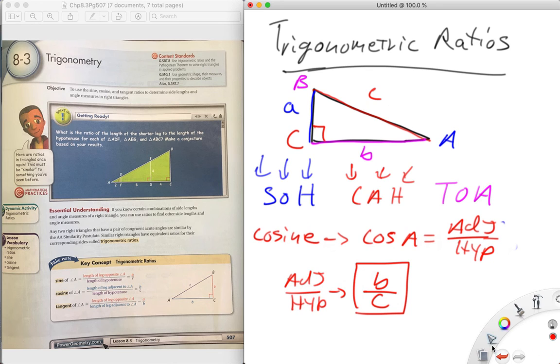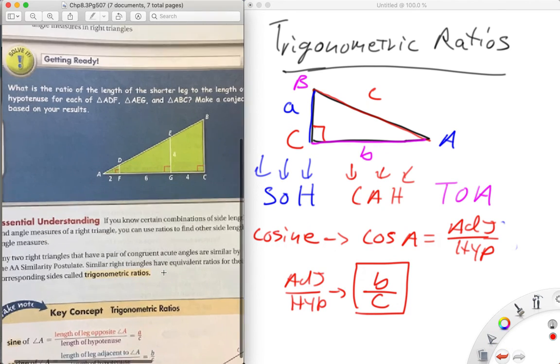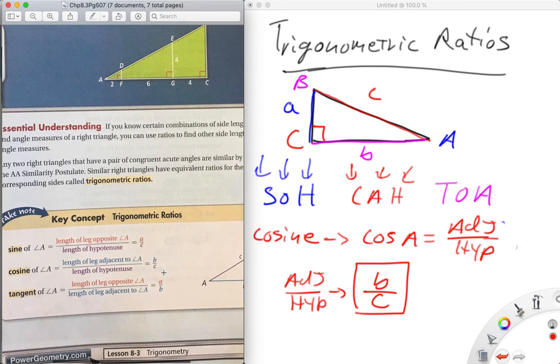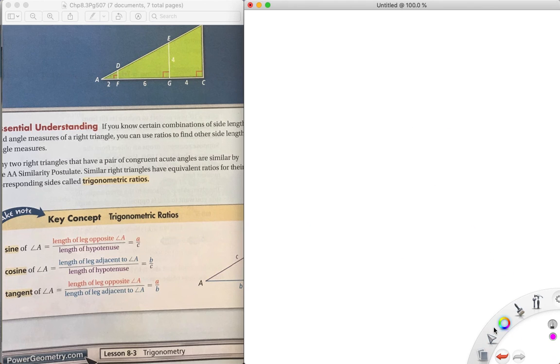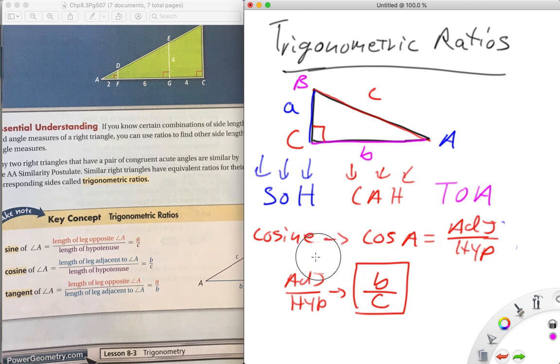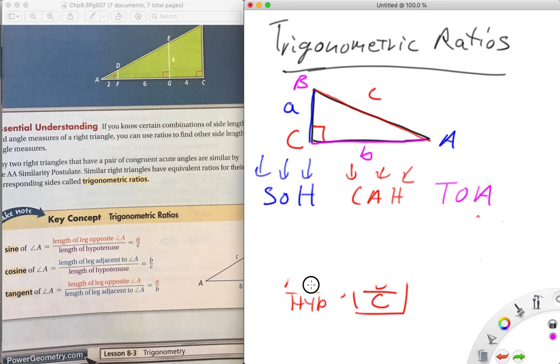And then we have the last one, TOA. The T part stands for tangent.